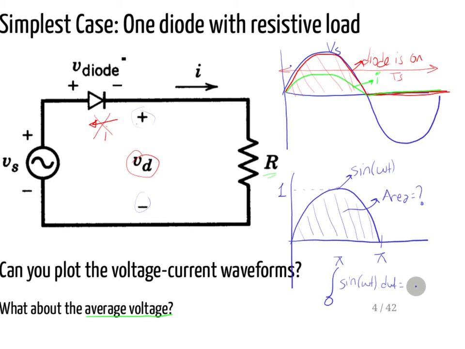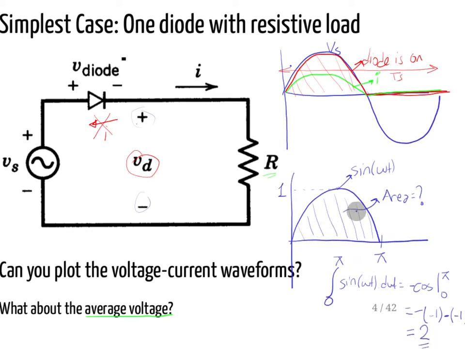What is the integral of a sine? It is minus cosine, from 0 to pi. So the value of that integral can be written as minus (minus 1) minus 1, which is equal to 2.